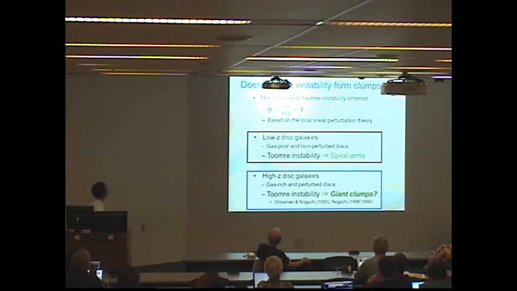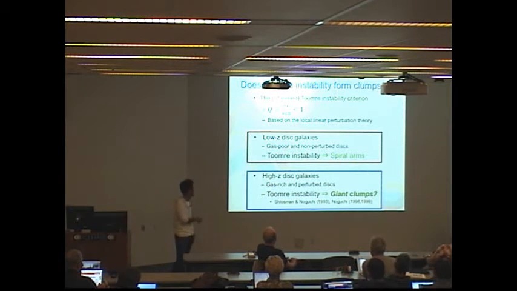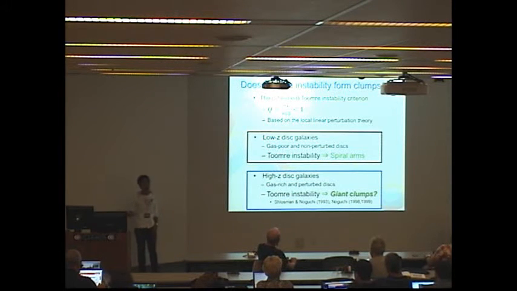At low-z, disk galaxies are typically gas poor and less perturbed. They don't have so many minor mergers. So Toomre instability is thought to result in the formation of spiral arms. On the other hand, high-z galaxies are largely different from local low-z galaxies. These are typically gas-rich and highly perturbed by, for example, minor mergers, pre-existing clumps, maybe triaxial halos, something like that.